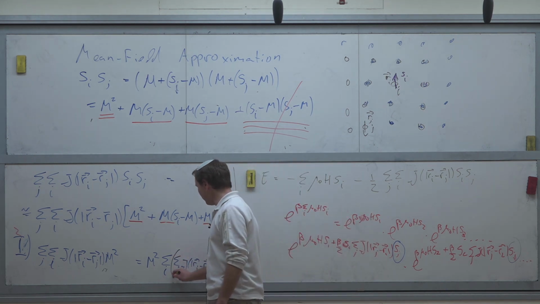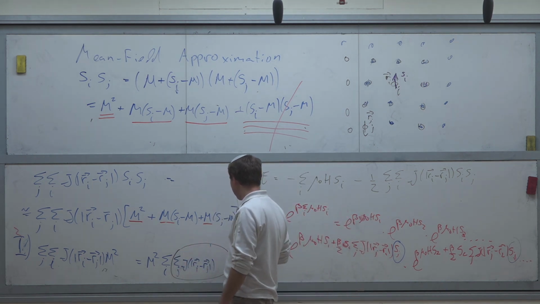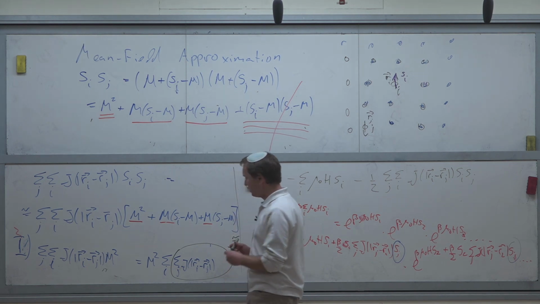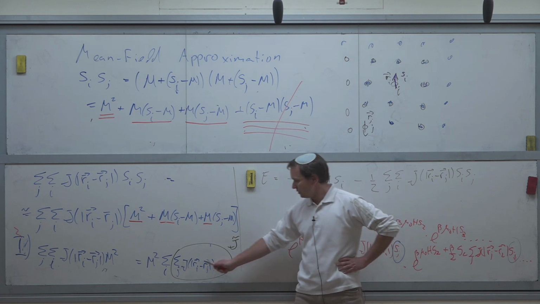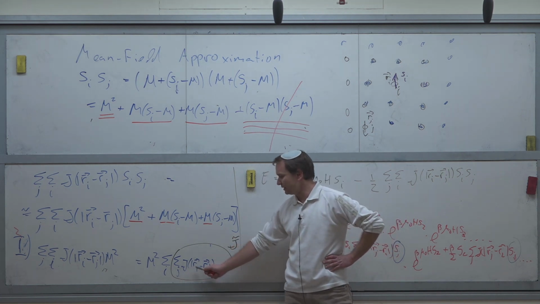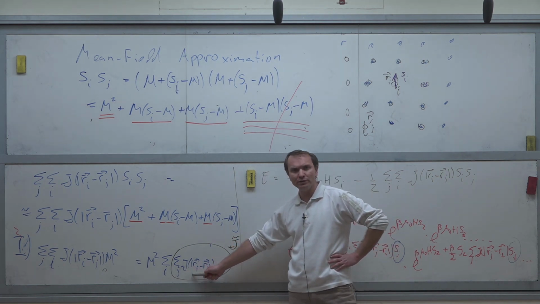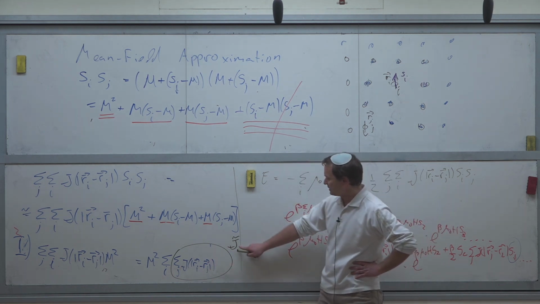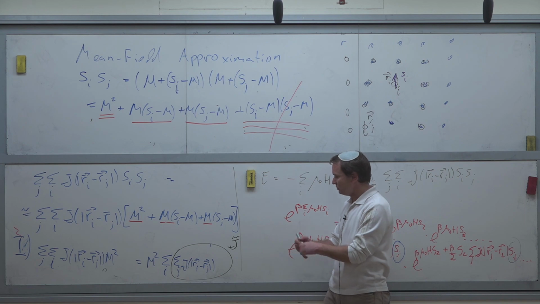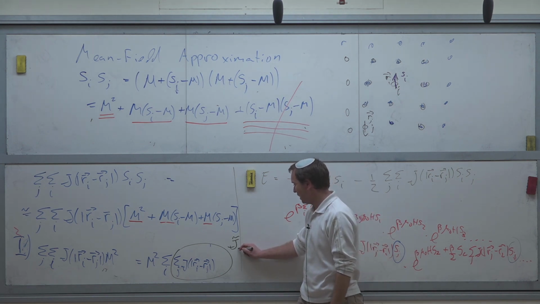So let's call all of this sum J tilde. Why don't I have any j dependence or i dependence in this J tilde? I'm summing over all the different i's and all the different j's. Why am I not saying there is a J tilde that depends on i?